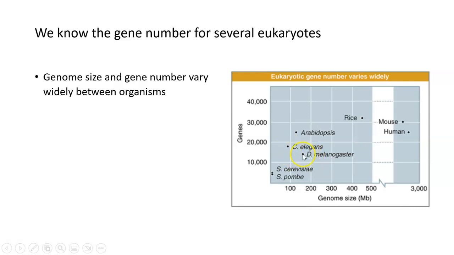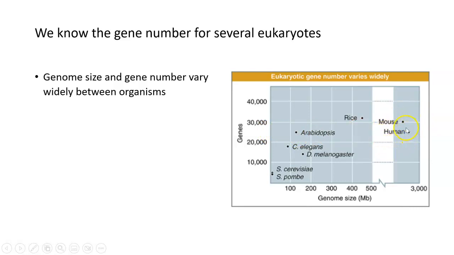Because this is moved down the x-axis, but they actually have fewer genes than C. elegans. And then here, Arabidopsis, which is a plant, even more complicated, they have a smaller genome than the fruit fly and a huge number of genes.